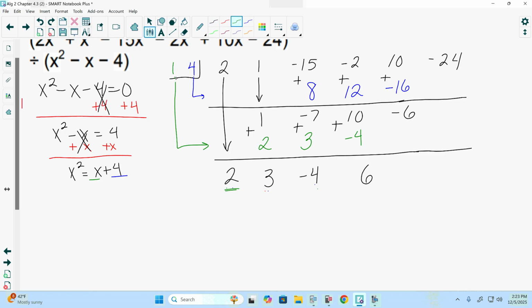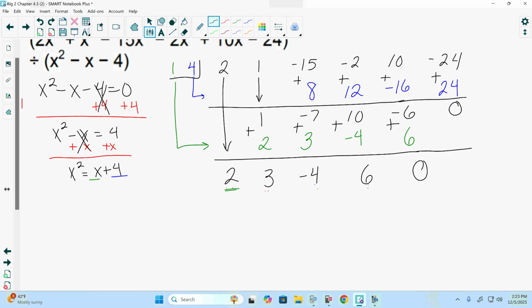So we do it one more time. 1 times 6 is 6. 4 times 6 is 24. We add one last time. Negative 6 plus 6 is 0, negative 24 plus 24 is 0.